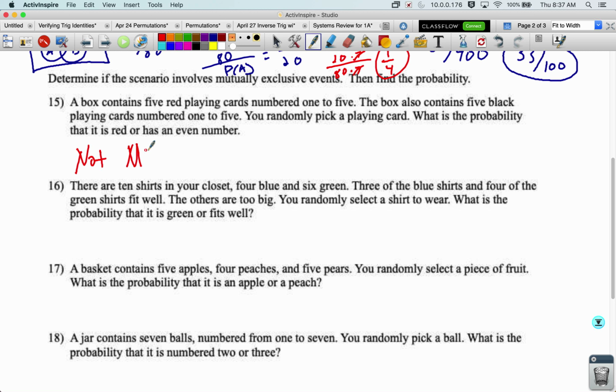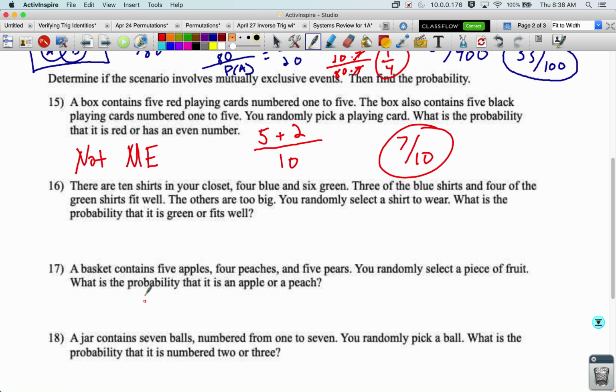We'll say not ME for not mutually exclusive, because you can get a red and an even number. There are even reds. So of the 10 cards, how many are red or even? So you have the 5 that are red. Those include a couple evens, plus the 2 that are even in black, the 2 of black and the 4 of black. So this gives us a total probability of 7/10.